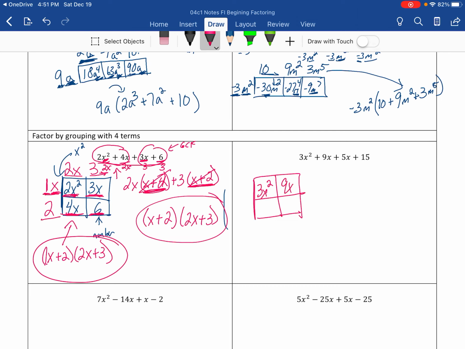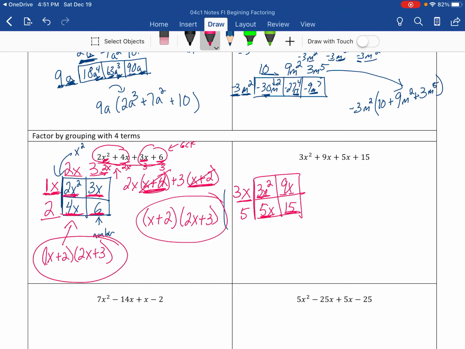So this is 3x squared, 9x, 5x, and 15. I know my greatest common factor for 3 and 9 is 3, and they also have an x in common. For my 5x and my 15, I know that they both have a 5 in common.